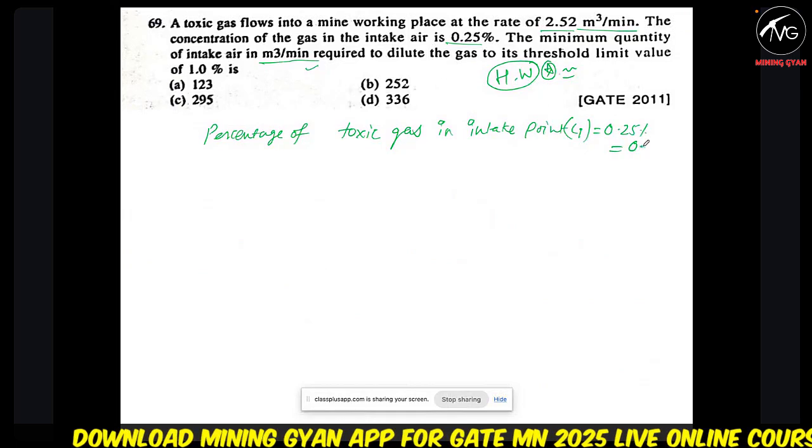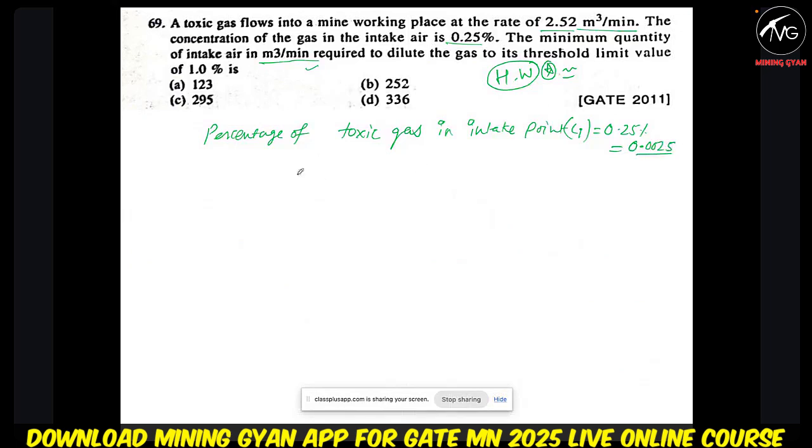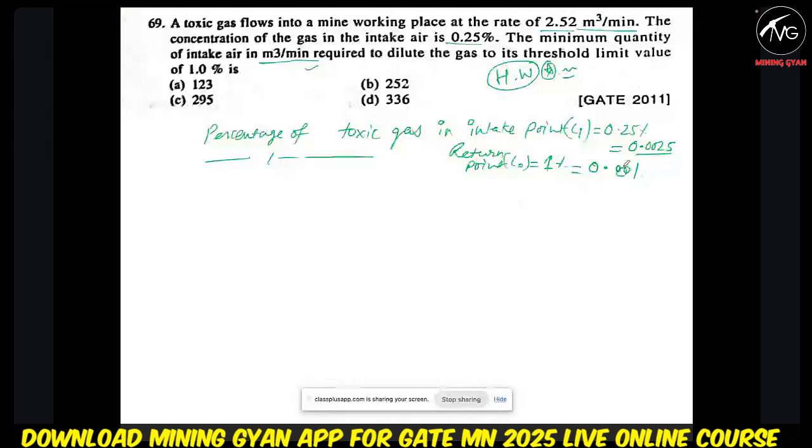After dividing by 100 you will get 0.0025. And similarly toxic gas at the return point, C0, which is given as 1%, if you convert it, you will get 0.01.